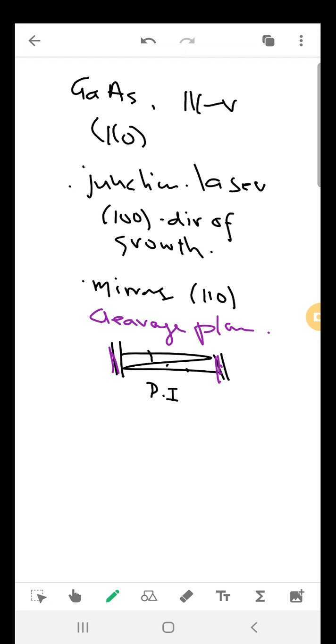Now with the active region of the junction laser, the gain will eventually exceed the losses with an enhancement in the rate of stimulated emission.